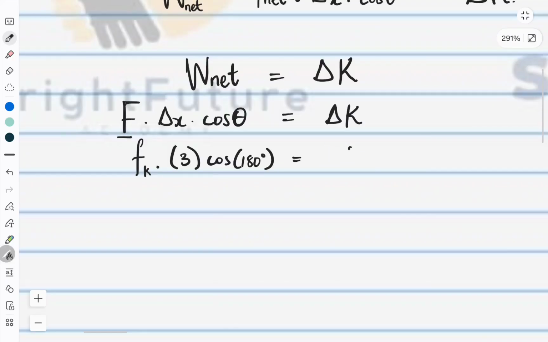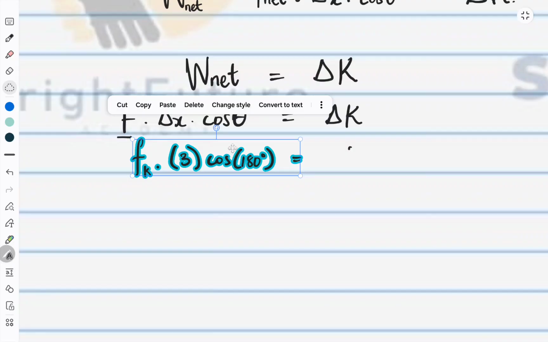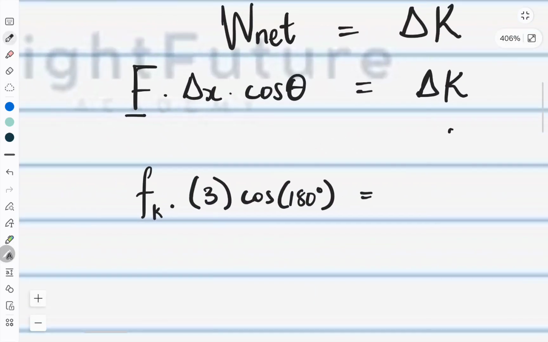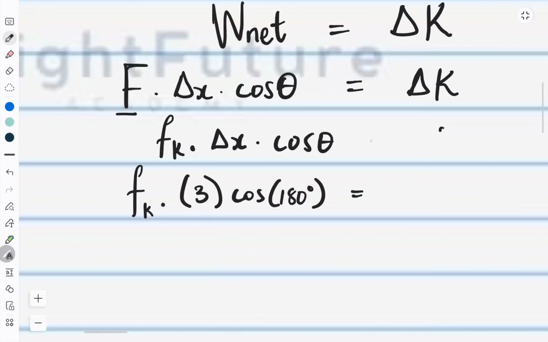So I can move this to become our fourth step. What I mean by that, let me show you. I'll have Fk times delta x times cos theta. That's our step 3.